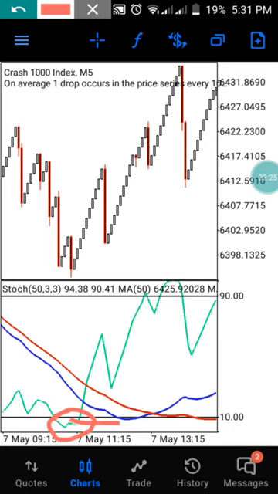When this is confirmed, you wait for your two moving averages to cross the oscillator line. Then this is the right time to catch your candle with this strategy.